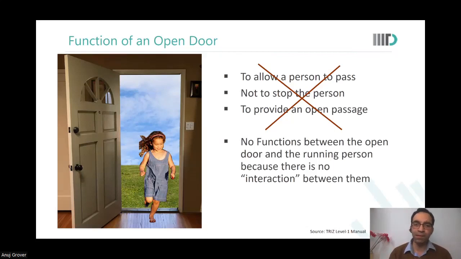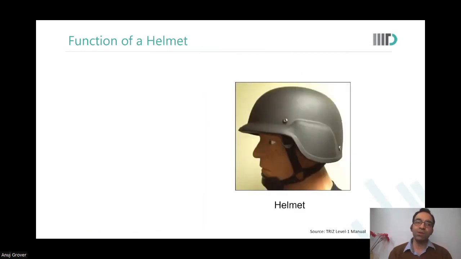Okay. Are you able to see this? Yes. Now, what is the function of a helmet? This is a soldier wearing a helmet, and there is someone attacking the soldier. So what is the function of a helmet? To protect from head injury. So what is the function carrier?